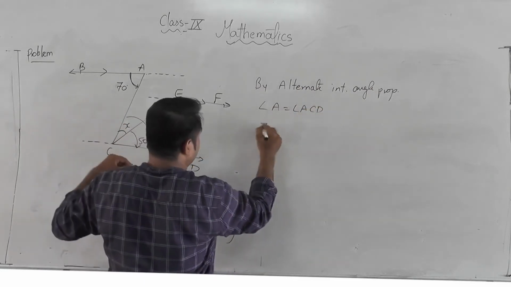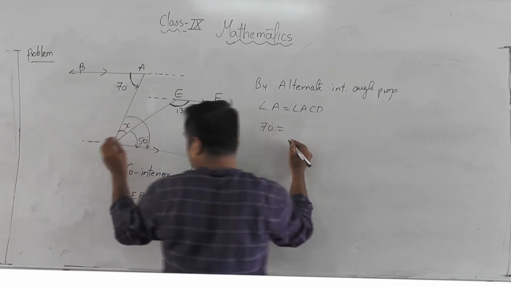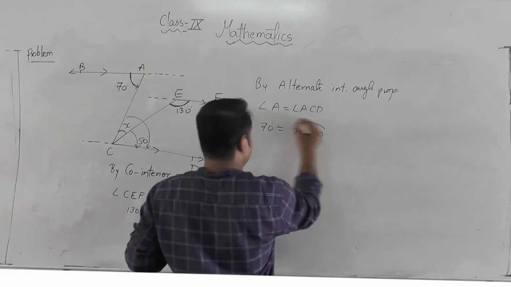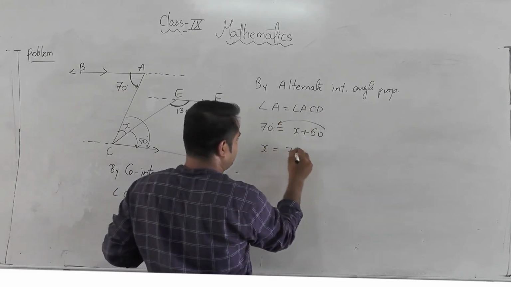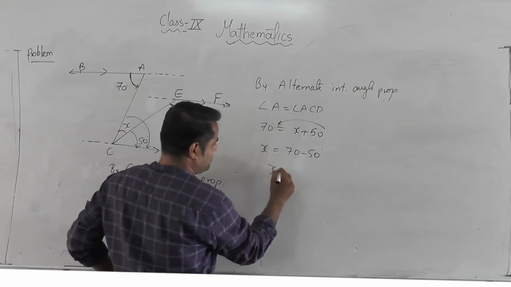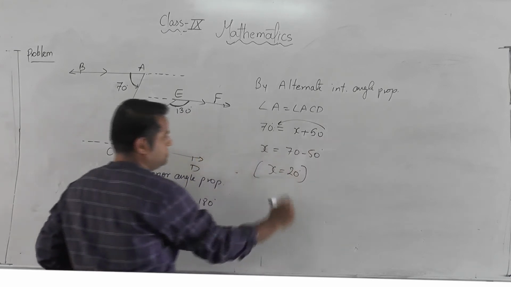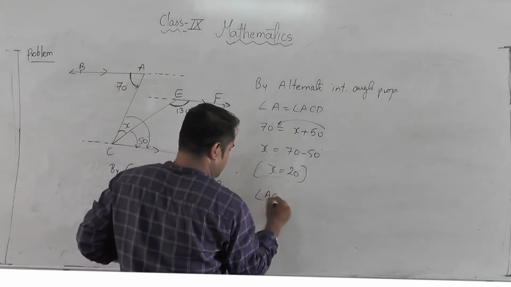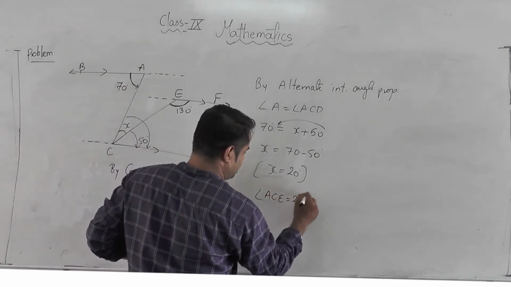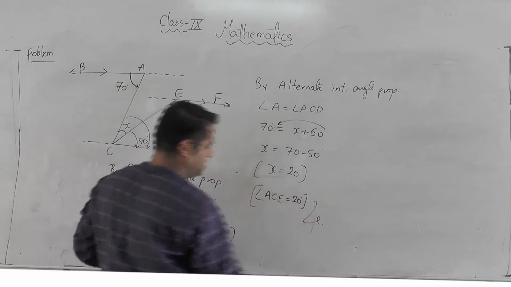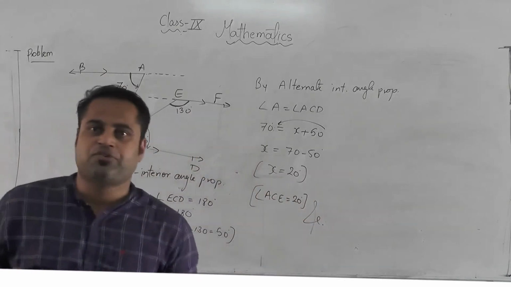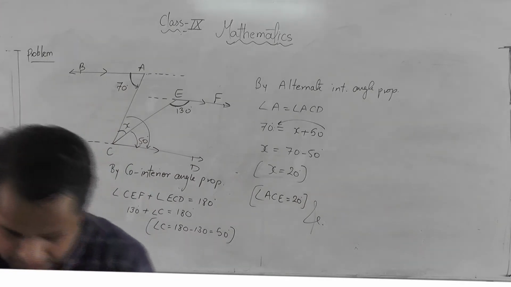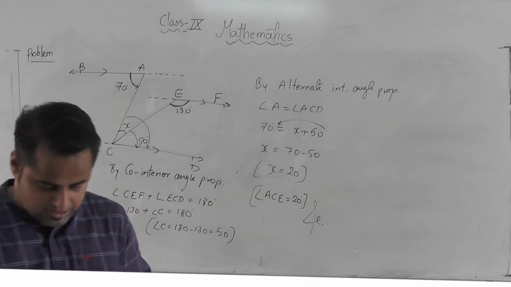Now angle A is 70 degrees and ACB comes to 50 plus x, so you write x plus 50. We transpose this 50, so 70 minus 50 gives us 20 degrees. So the value of angle ACE comes to 20 degrees. That is your answer. This is how you can get your answer by applying various properties. Let's see a few more problems based on this.